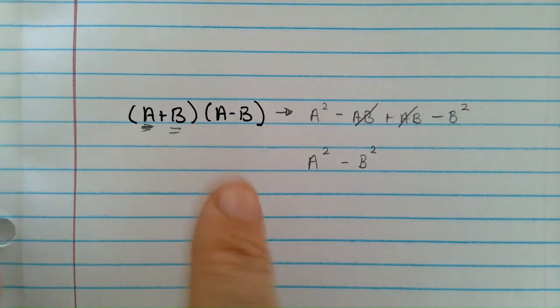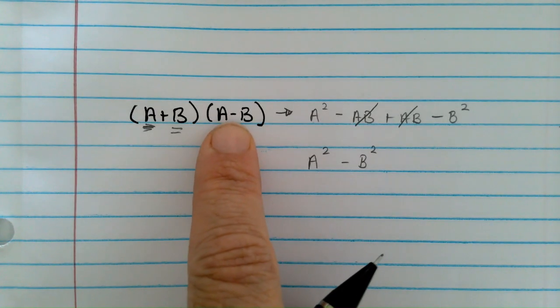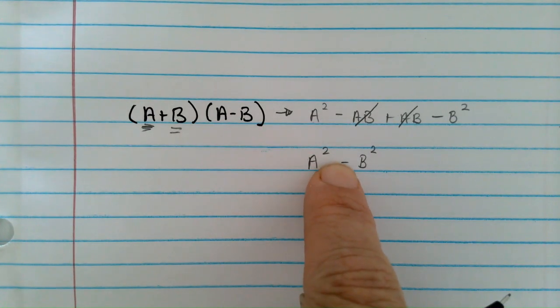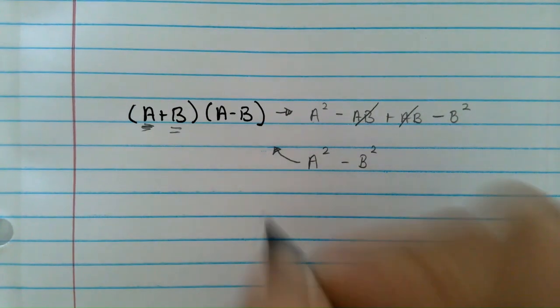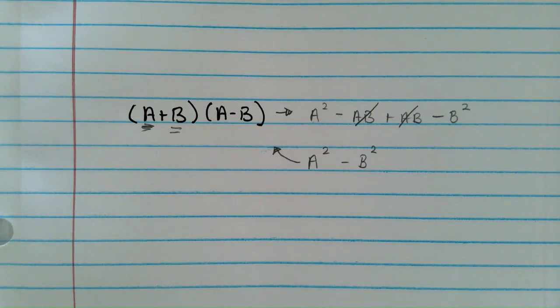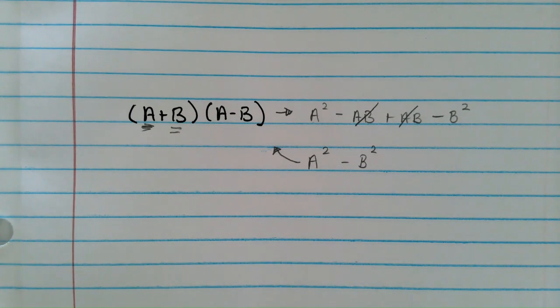So this pattern, going from a plus b times a minus b to a squared minus b squared, and going back as well, is a frequently used pattern. And it really is a good idea to just know this rule.